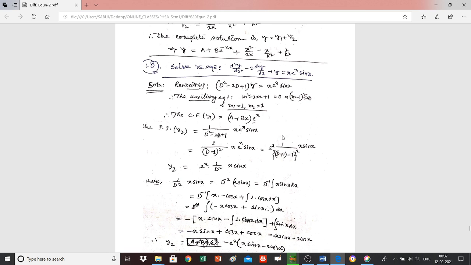So e to the power x 1 by d plus 1 minus 1 whole square x sine x, or y2 is equal to e to the power x, and from here you can understand that 1 by d square will be left there x sine x, and 1 by d square sine x means d to the power minus 2 sine x. That means d inverse means integration, so this is equal to d inverse into d inverse. So d inverse is there, another d inverse is integration x sine x dx.